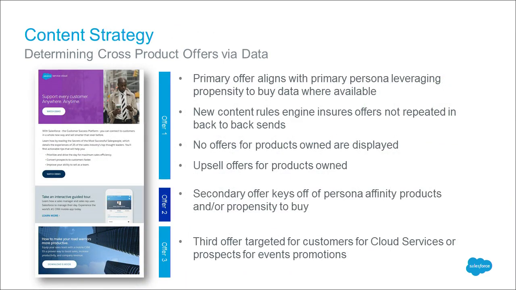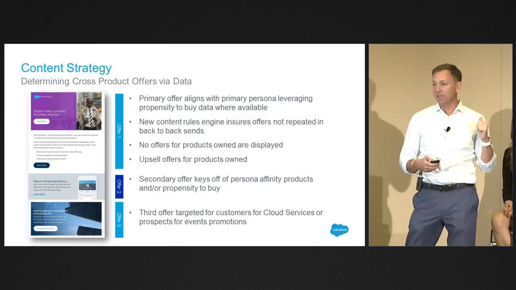From there, we had to come up with our content strategy. So we relied on the template that we showed you earlier. That template was designed for this project because we wanted to get the best results. And we said, let's go out with a 3-offer model. Offer number 1 is always going to align to your primary product interest, which the persona engine has decided.